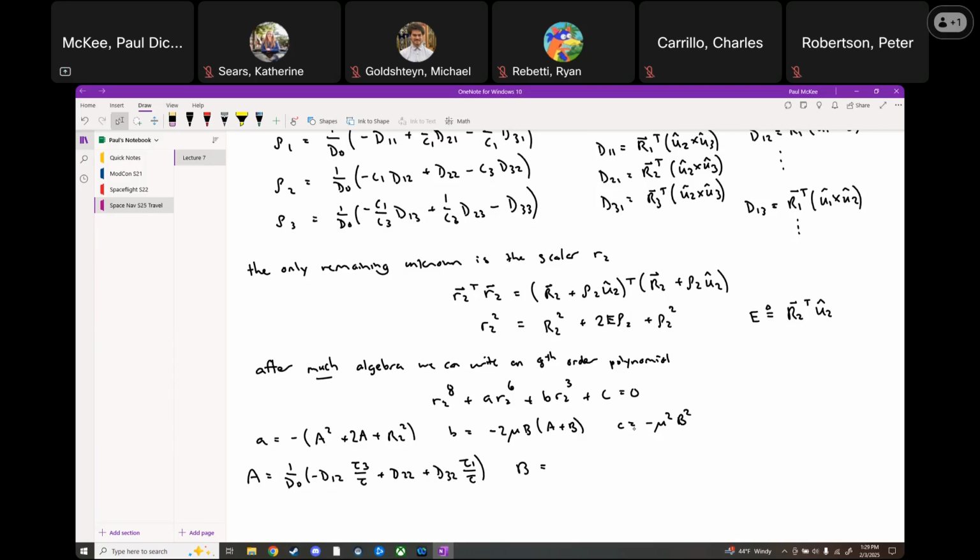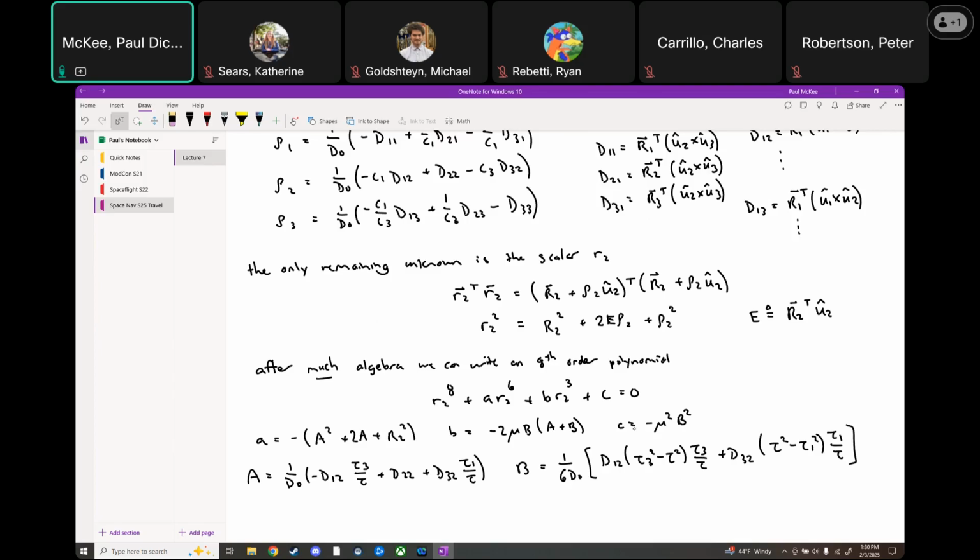B is equal to 1 over 6 d naught, and then in parentheses, d 1 2 times tau 3 squared minus tau squared, tau 3 over tau, plus d 3 2, and then in parentheses, tau squared minus tau 1 squared, tau 1 over tau.